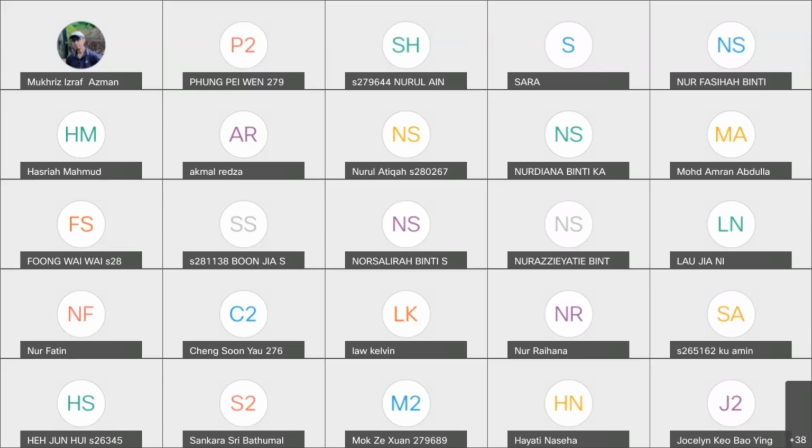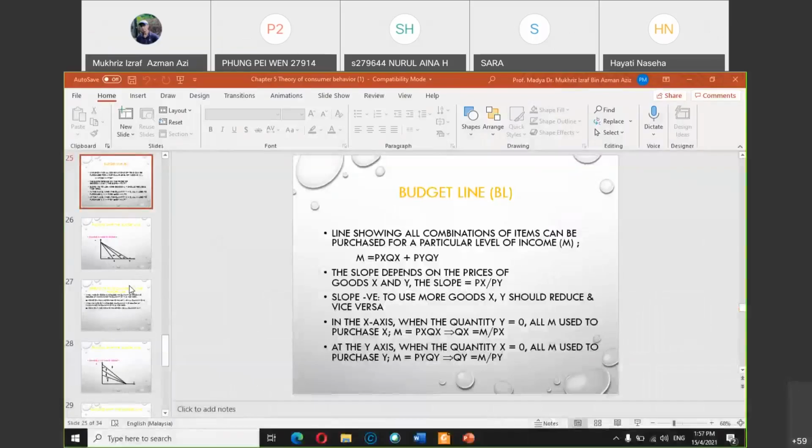I think we have covered most of the part. So what is important, besides understanding the concept of equilibrium and when equilibrium occurs, you also need to understand what happens to your budget line. So what can cause your budget line to shift upward, or shift to the left?